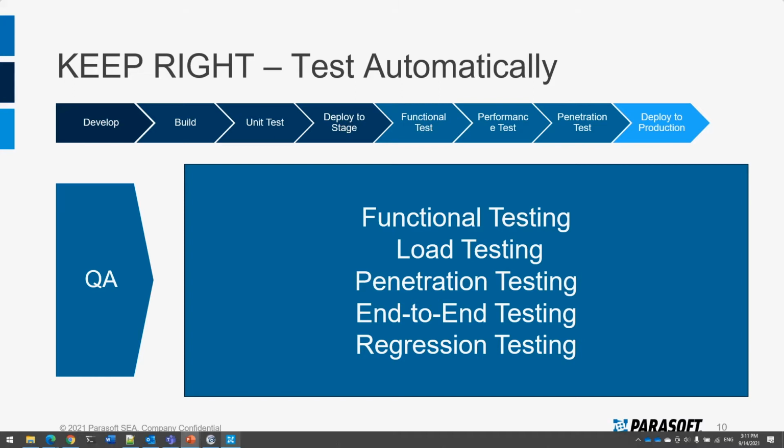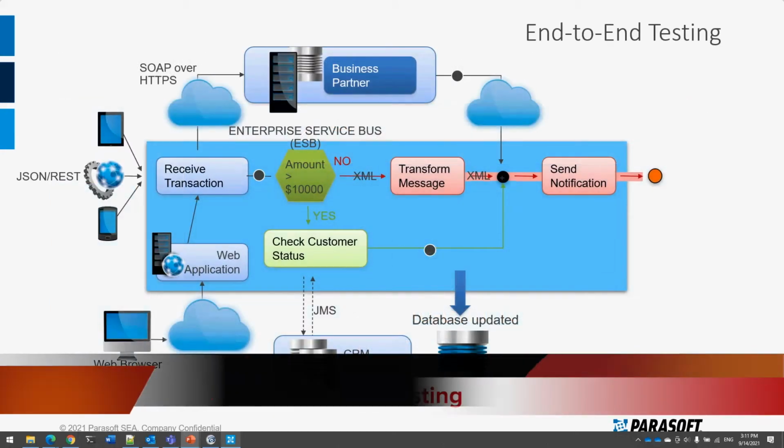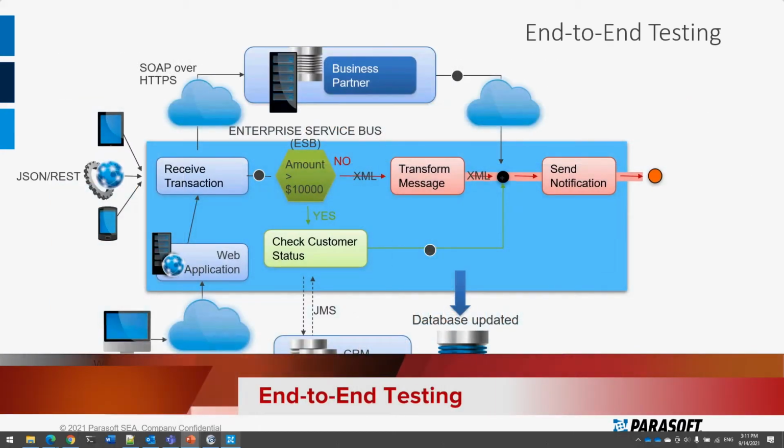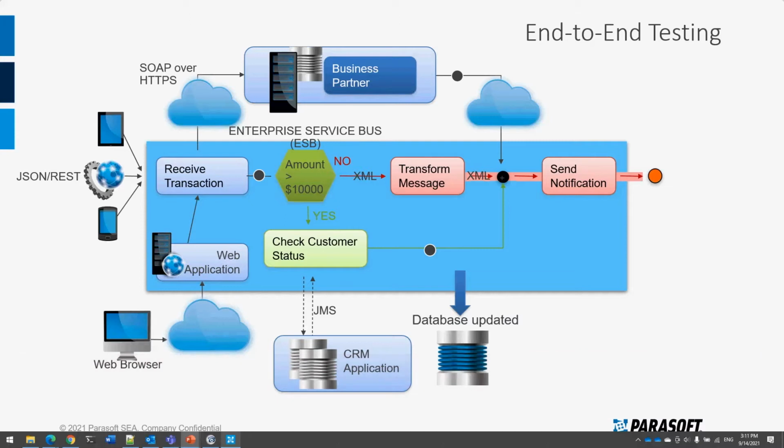So we have functional testing, load testing, pen testing, or any regression testing. Ideally, you might have an end-to-end scenario where you access a system via a web browser, and internally it handles some financial transactions, interacts with your CRM applications, and also interacts with external business partner servers.